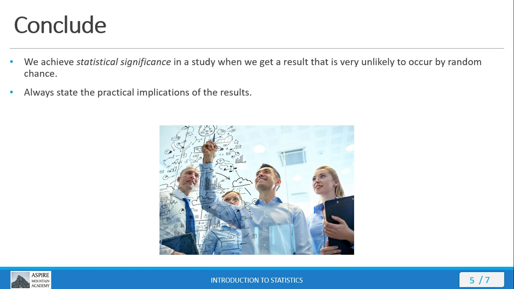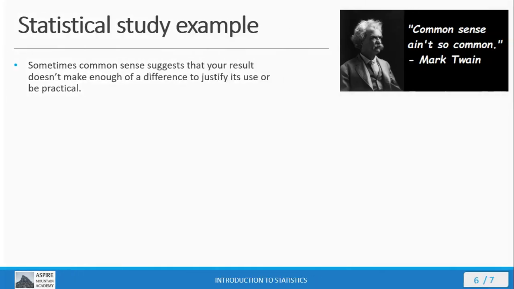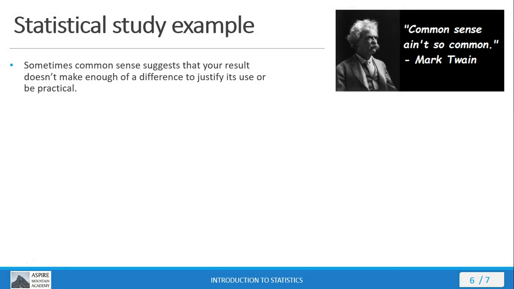However, since many of these people aren't well versed in the language of statistics, you will need to express your results with all the statistical jargon out so others can understand them. So always state clearly the practical implications of your results. In this light, sound judgment, which includes a healthy dose of common sense, can go a long way.